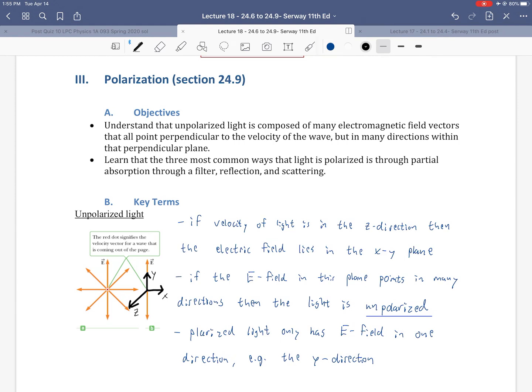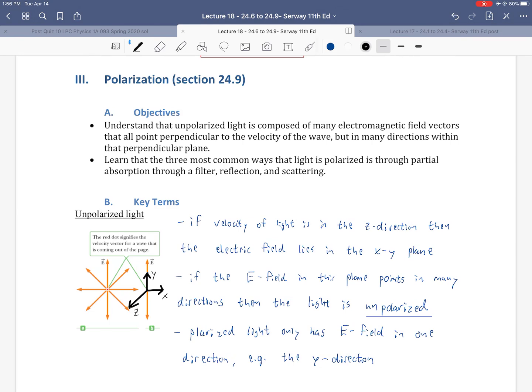Now, the ways we're going to talk about to polarize light are all kind of based on this idea that somehow the other directions get absorbed. That energy gets turned into heat, gets turned into kinetic energy of some molecules, for example, and so it goes away, okay? And so that energy is no longer housed in the photon, right, in the light particle, or the light wave for that matter, if we're thinking light as a wave, which we are.